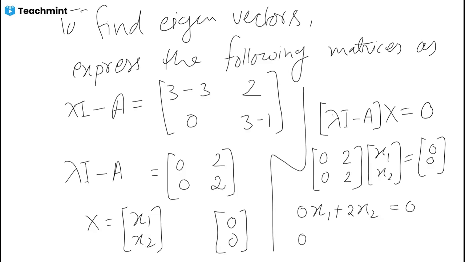And again 0 into x1 plus 2 into x2 is 0. I'm just checking what they have done here. Okay, all right, my mistake. Just a second, because we are subtracting them. So here we have 0 in this matrix, and here we'll get minus 2.